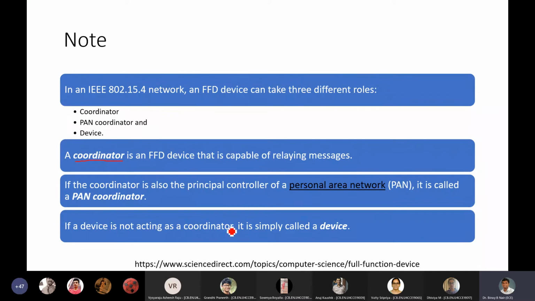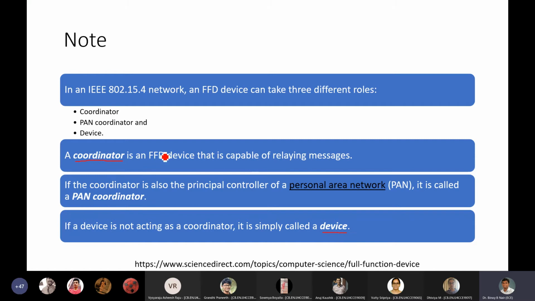Usually, if the device is not a coordinator, you simply call it a device. The things which can only be called a device are usually much smaller in cost and much smaller in functionality. Very cheap devices which can only transmit will usually be called a device, and they will not have a lot of functionality built into them.